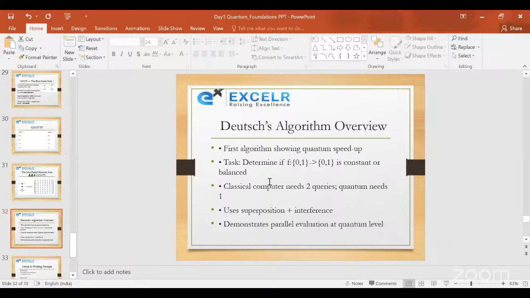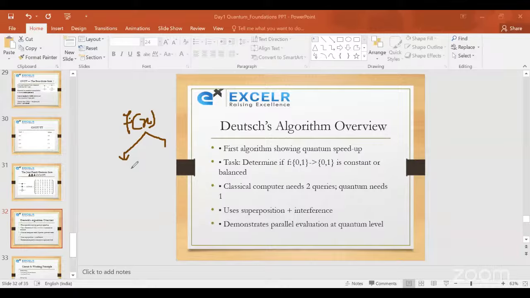So Deutsch worked on a problem: can that problem be solved in the quantum way or not? What was the problem? He has taken a function f(x), and from a mathematician's point of view, this function can have two natures.